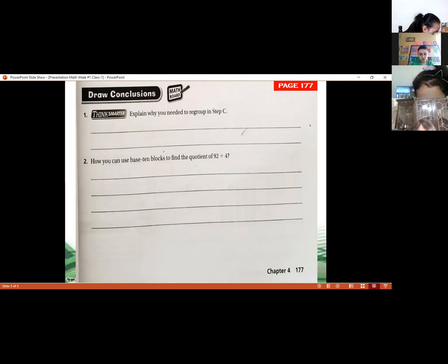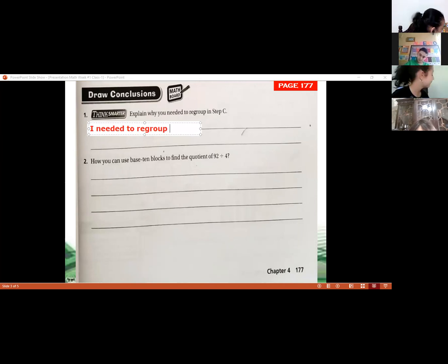Why we need to regroup, class? Why do you need to regroup? Remember that we regroup because we only have 2 left over and we have 3 classes. So 110 cannot be shared among 3 groups without regrouping. I'm thinking because I need to put it equal. That's right.